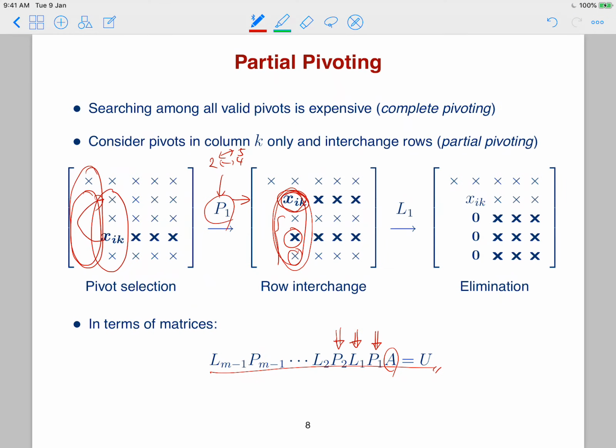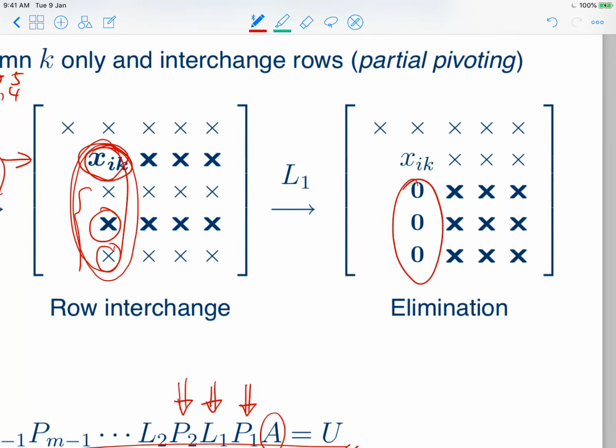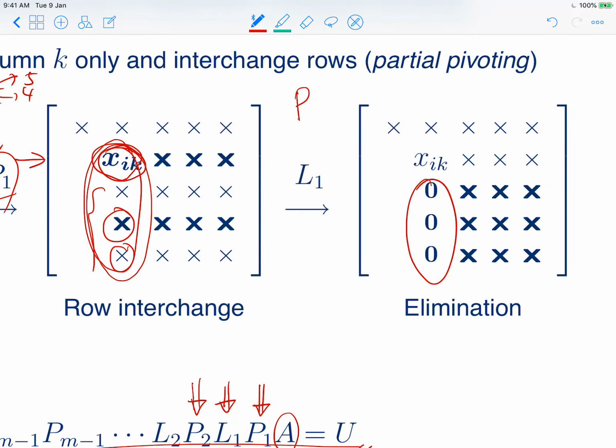Okay, and then suppose we introduce the 0 over here. What will be the subsequent partial pivoting or permutation matrix P? It will always involve the third column, and if necessary, we will choose the fourth and fifth to interchange with the third, right?